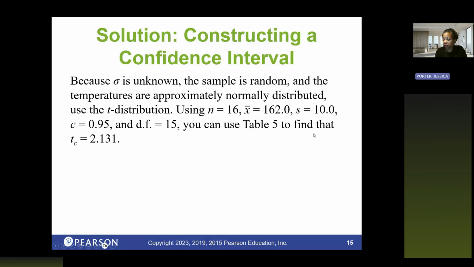And so the margin of error for the T distribution is the T critical times the sample standard deviation divided by the square root of n. So that means 2.131 times 10 divided by the square root of 16.